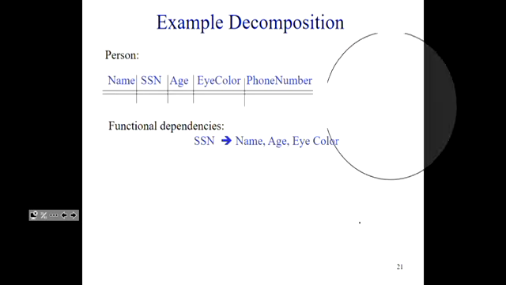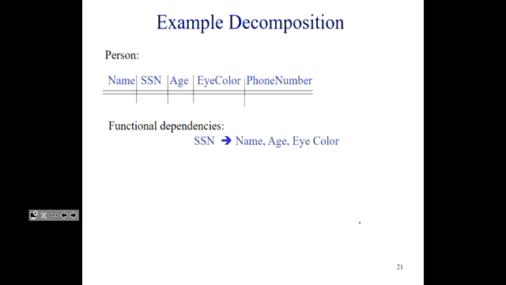Okay? All right. So going back to this functional dependency, you have this one functional dependency. Is this relation in Boyce-Codd normal form? No, why is that? SSN is not a super key, right?